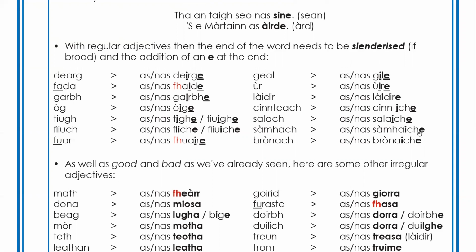And you know, obviously in speech that's easier to do than working out how the vowels work out, like EA becoming a single I here, but with these A's just additional I, that type of thing. Cínteach nas cíntiche, salach nas saliche. You can do that without thinking too much about it in speech, just slenderize the word.